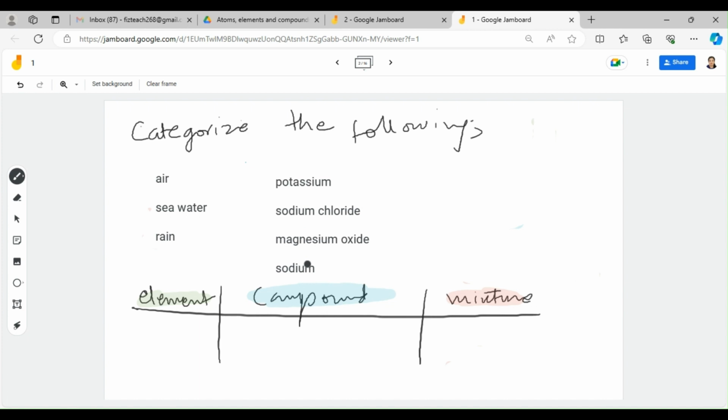Which one of these are the elements? Over here, I see potassium and sodium to be the elements. If you look at the compounds, we have sodium chloride and magnesium oxide. And when I talk about the mixtures, air, seawater, rain, all of them are mixtures.